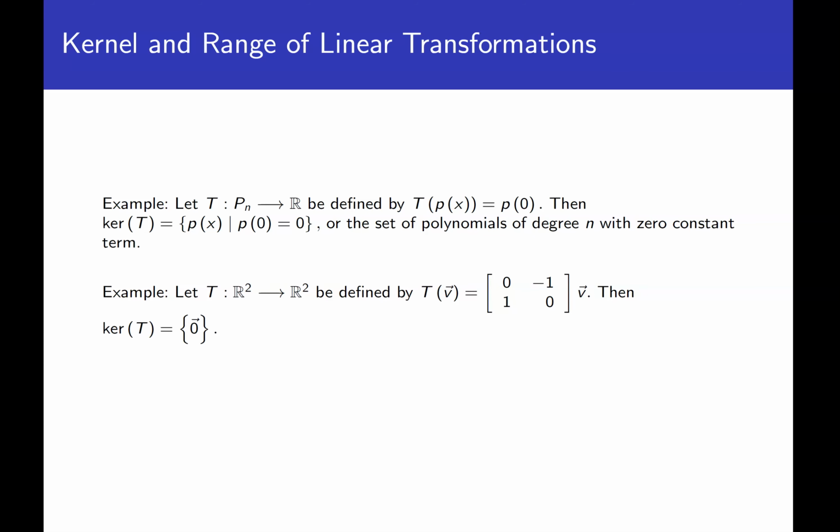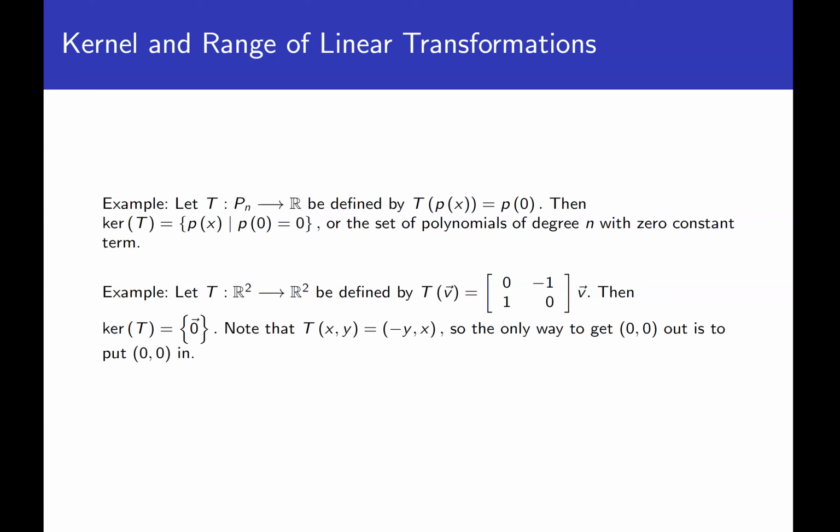All right, let's look at another one here. Let's look at a transformation that goes from R2 to R2, and we're going to define this by multiplication by the matrix 0, negative 1, 1, 0 times the vector. Then the kernel here is just the 0 vector. Let's see why that's true.